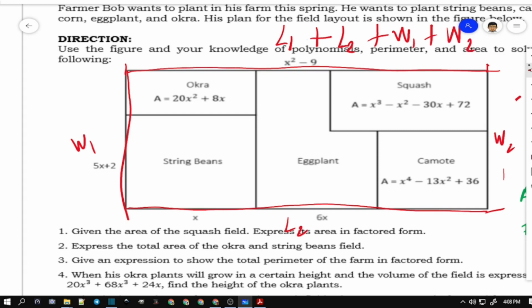Okay? So, that's how you will show the perimeter of the whole farm. Remember that you have to express your answer in its simplest form.